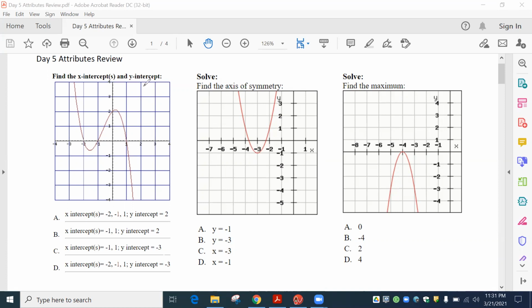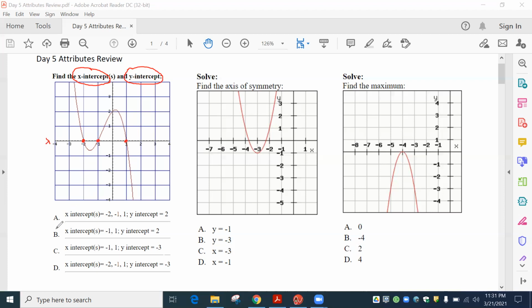So, with all that being said, the key to this is knowing our keywords up here. X-intercept and y-intercept. The x-intercept is where this line touches the x-axis. So it touches one, two, three times: -2, -1, and 1.